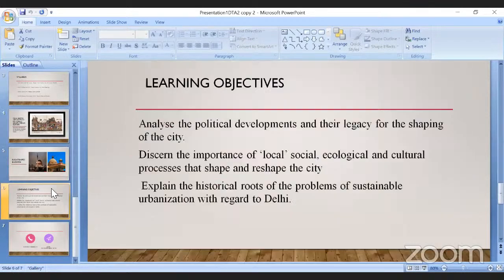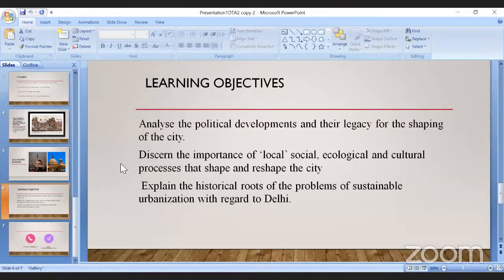The learning objectives of this paper are analyzing the political developments and their legacy for the shaping of the city, and also discerning the importance of local social, ecological, and cultural processes that shape and reshape the city, and also explaining the historical roots of the problems of sustainable urbanization with regard to Delhi.